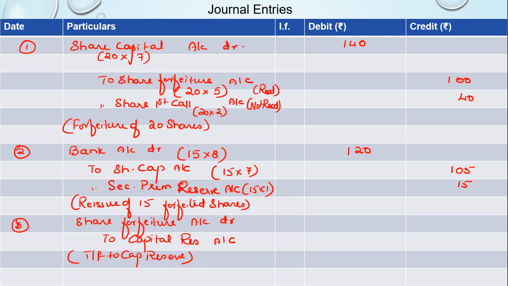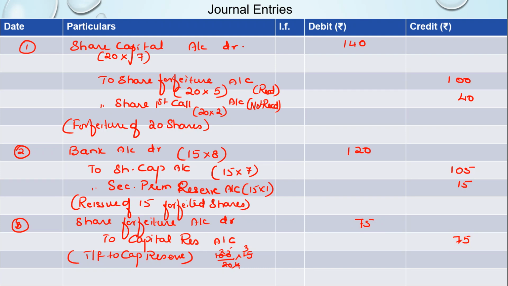The total amount credited to the share forfeiture account in the forfeiture, that is 100 rupees, divided by the total number of shares forfeited, 20, into the number of shares reissued, 15. This will give you the amount. So 75 rupees, 25 into 3. So 75 rupees will get transferred into capital reserve.